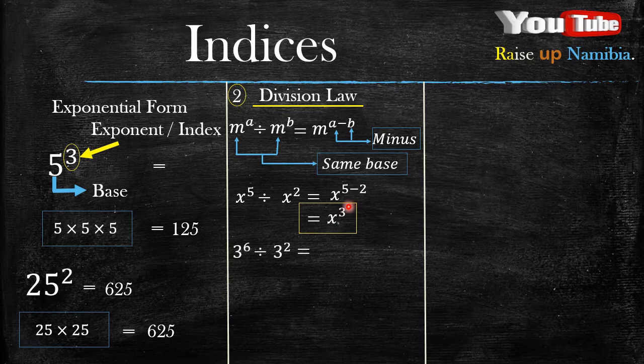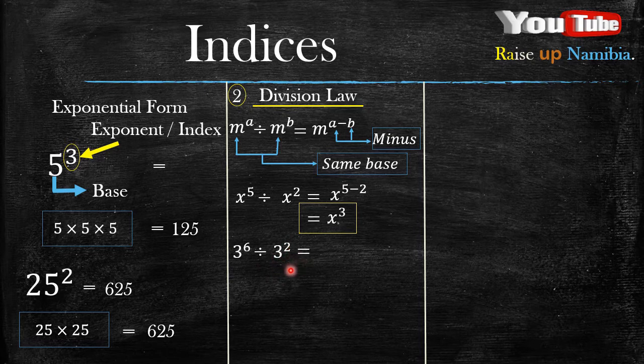So let's look at another example. How about when you have numbers? Because here we started with letters, or variables. What about when you have numbers like 3 raised to the power 6 divided by 3 raised to the power 2?